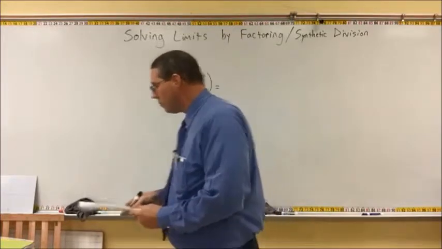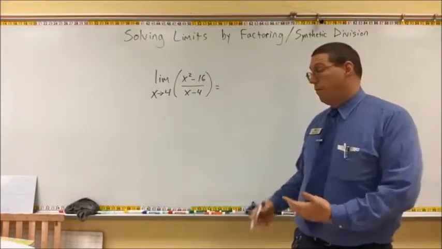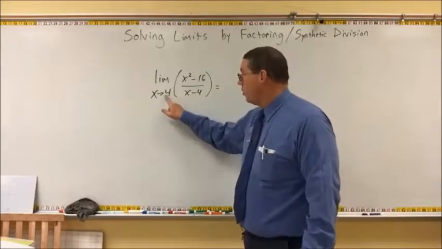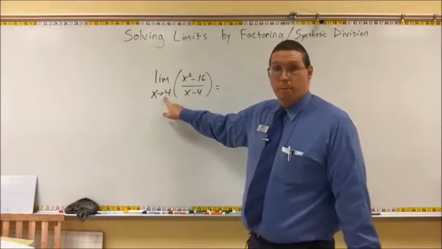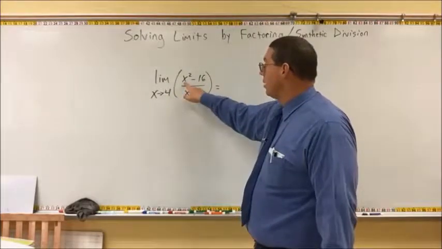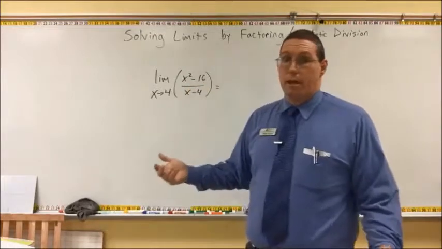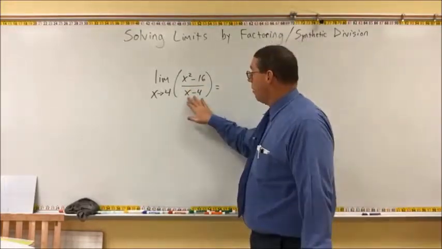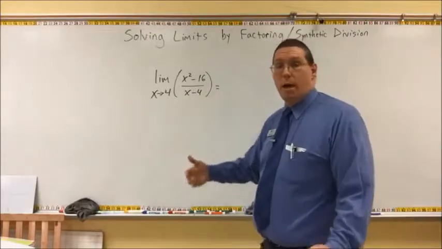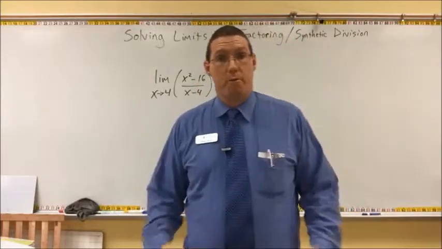Now, the first step in evaluating any kind of limit is typically to take your x approaching number and just substitute that number in for x. But if we put a 4 in here, 4 squared is 16, and 16 minus 16 is 0. And then in the denominator, 4 in for x, 4 minus 4 is also 0, and we wind up with 0 over 0.